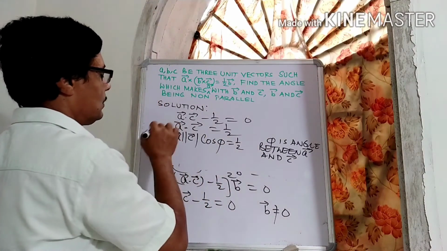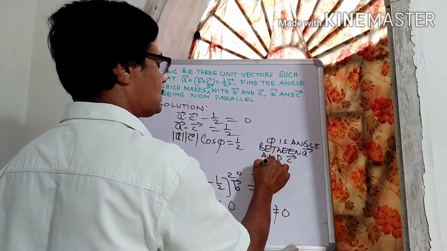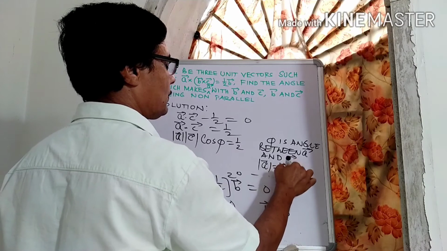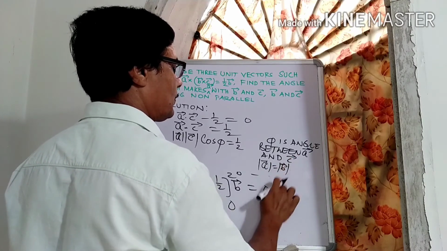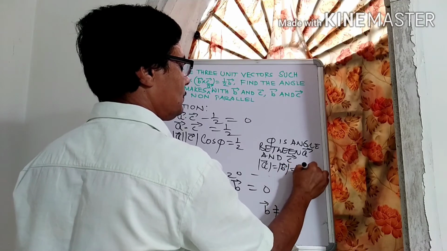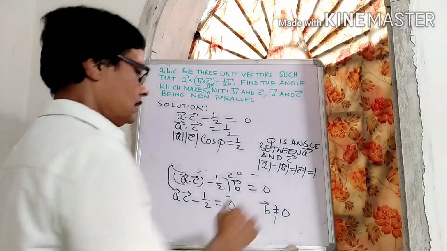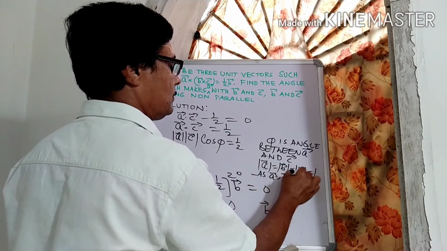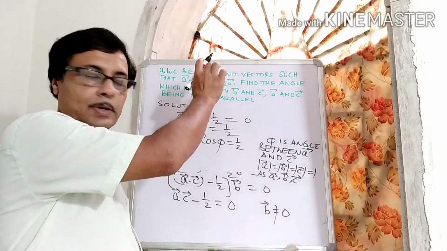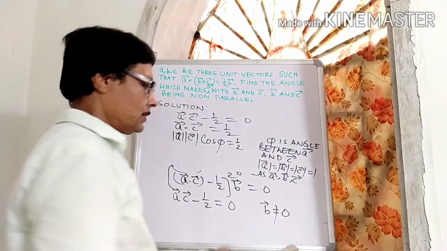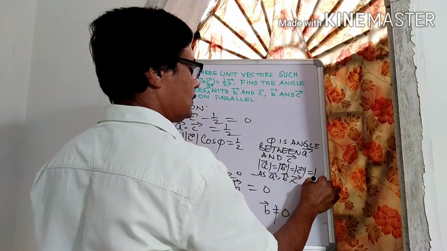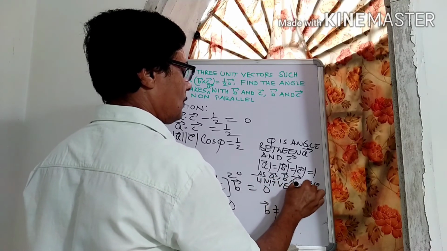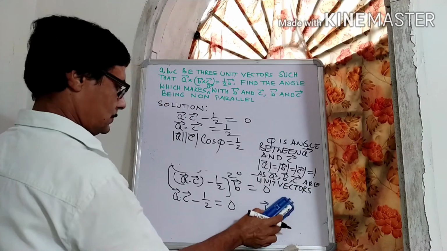A, B, C are given as unit vectors, so their magnitudes are 1.